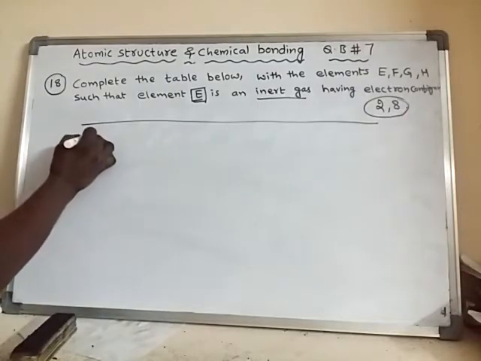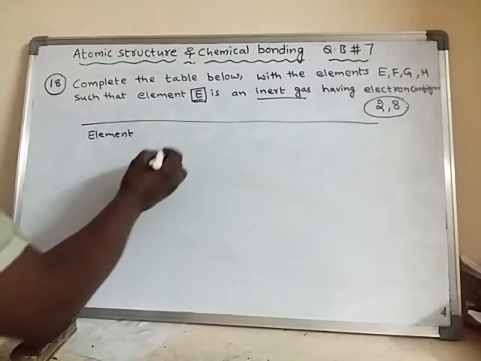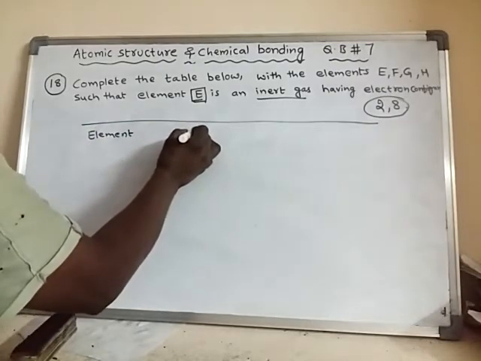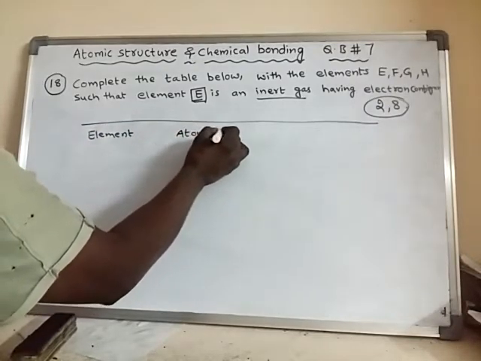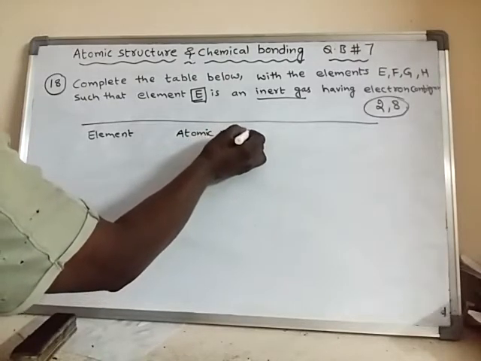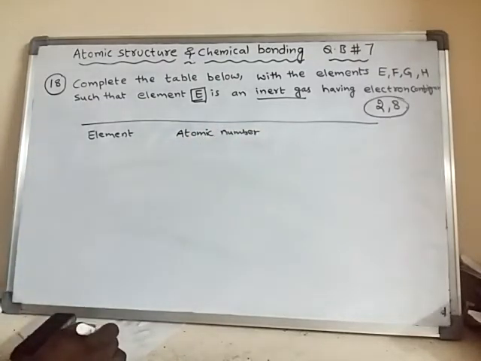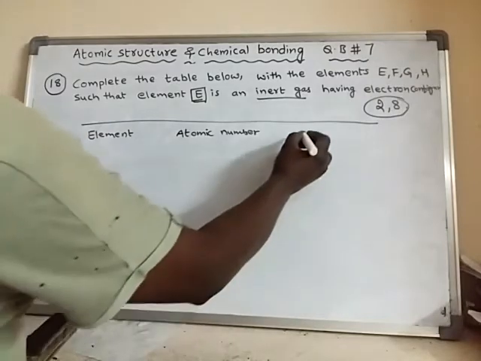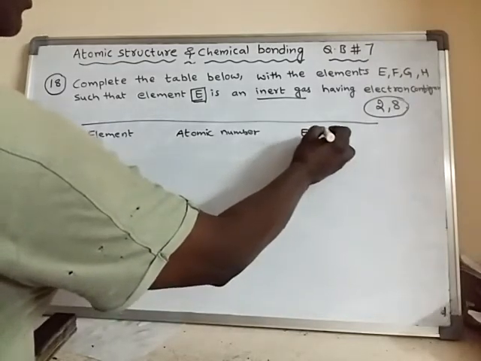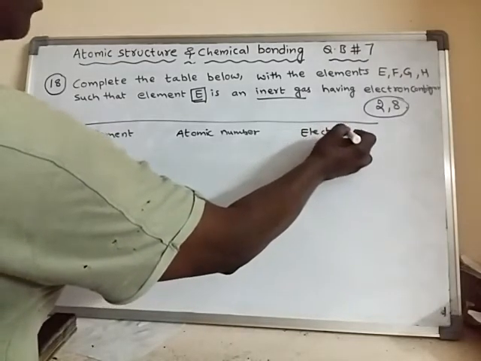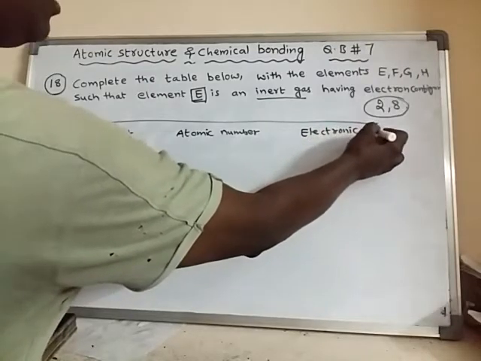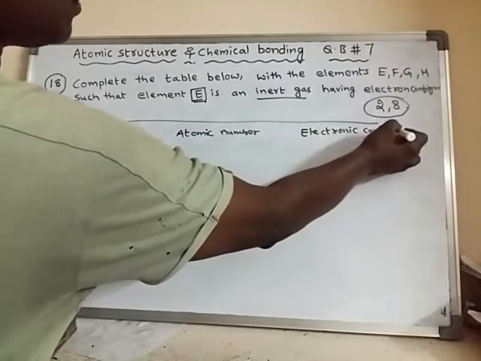In that table the first column is given as element, the second column is given as atomic number, and the third column is given as electronic configuration.